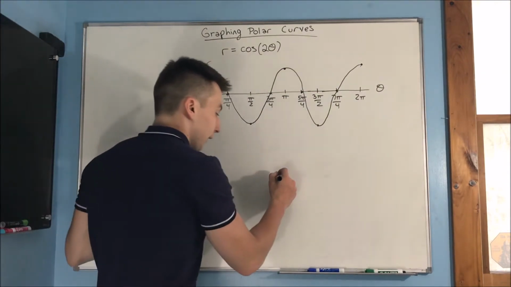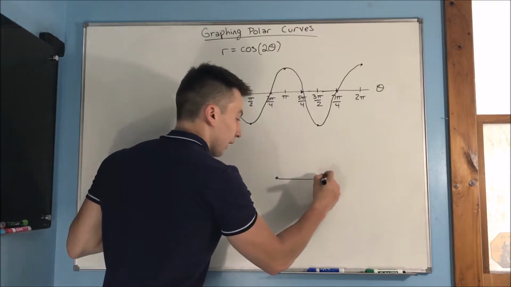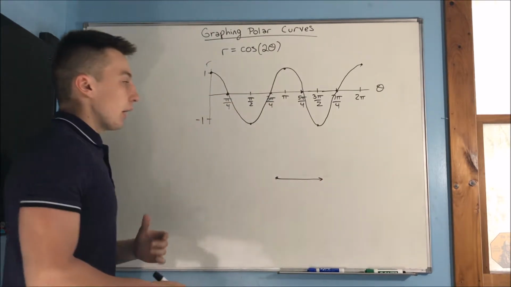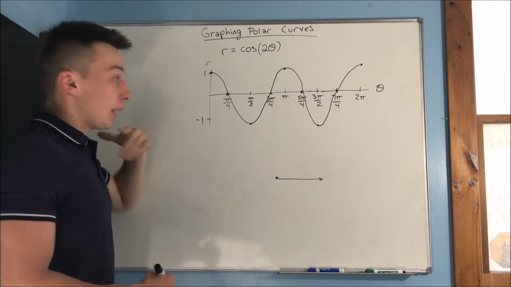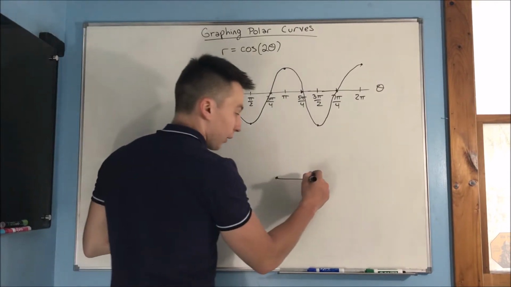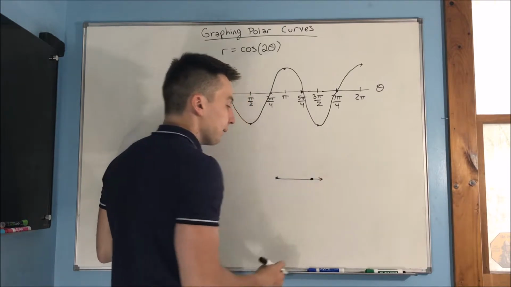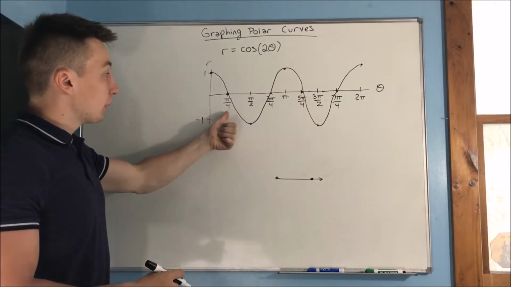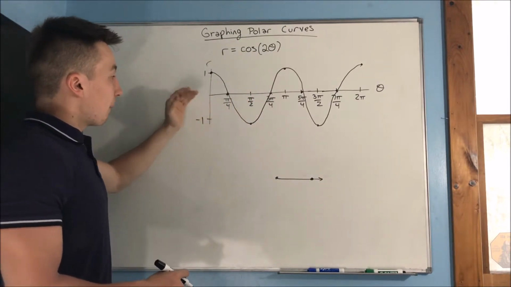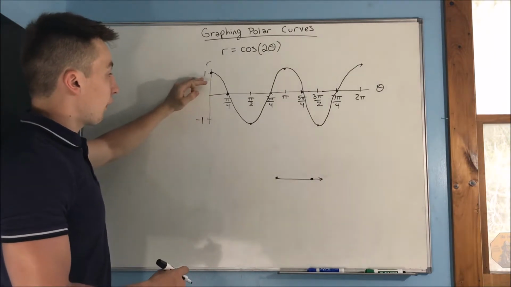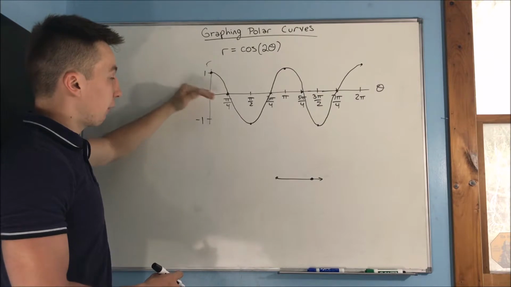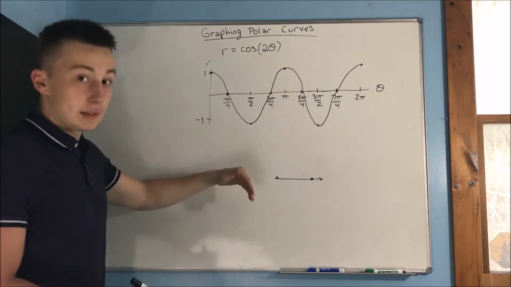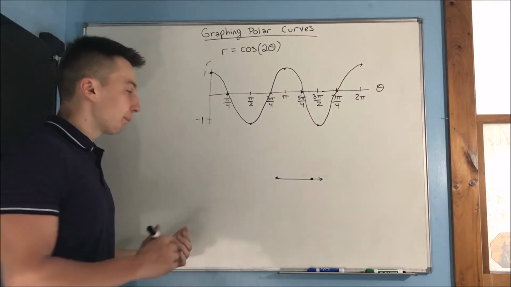So now we can transfer this to a polar graph with our polar axis. Where are we starting? We're starting at (1, 0), which we can put right over here. Now, as we approach pi over 4, we start off with r not really decreasing too much, and then as we go to pi over 4, it's going to decrease a lot, and end up at the origin.